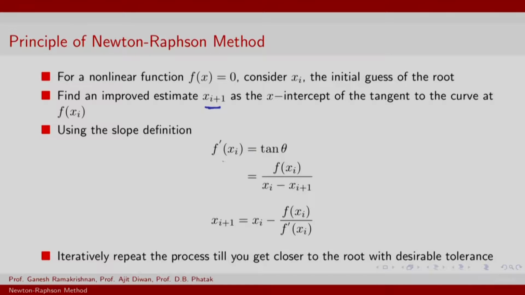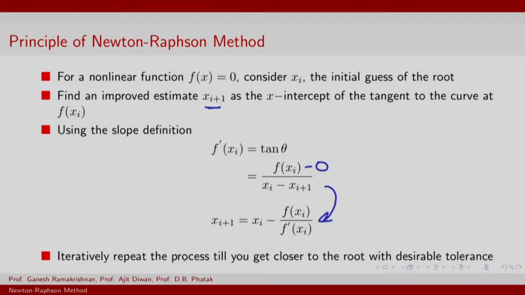The slope f prime of xi, which is tan theta, is f(xi) minus 0. The 0 is basically what the x intercept x(i+1) has as its y coordinate. So f(xi) divided by xi minus x(i+1). This rearrangement gives you x(i+1) as xi minus the ratio of the function to its slope at xi.